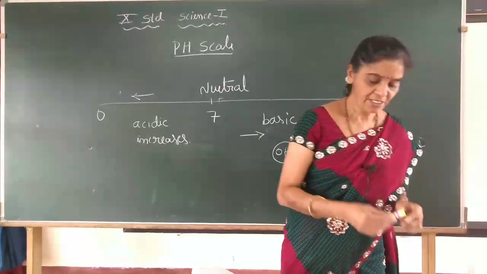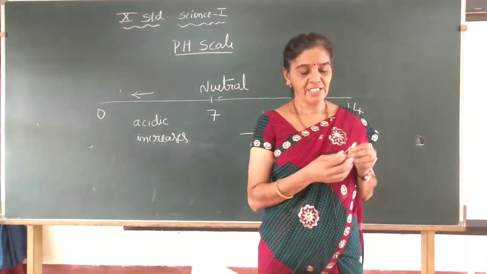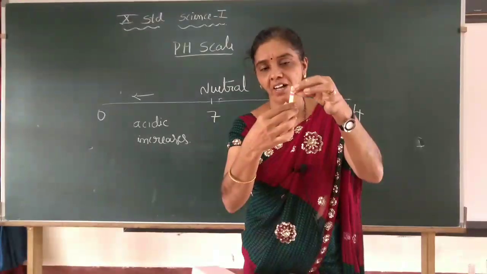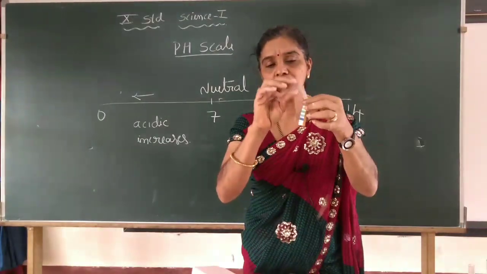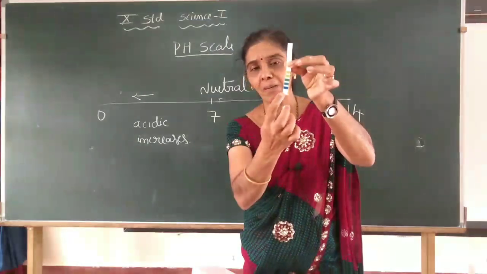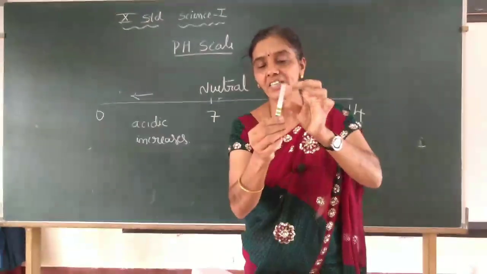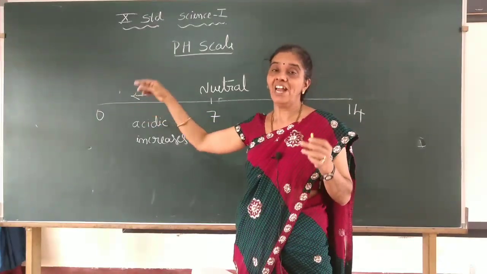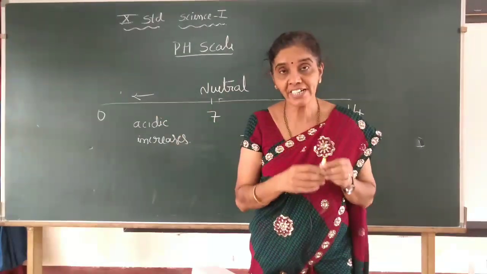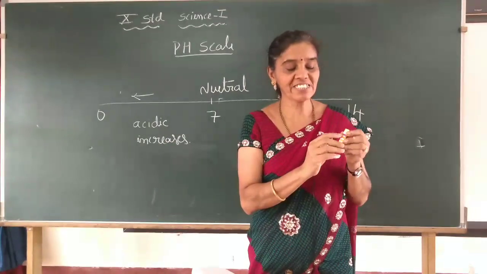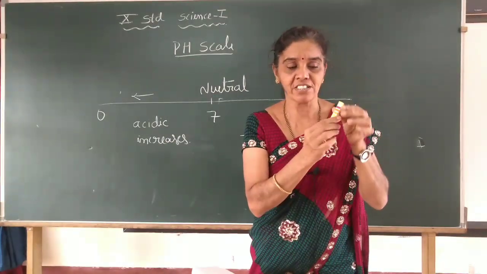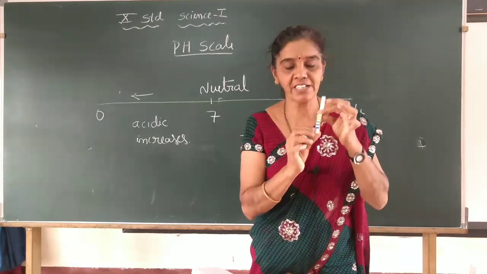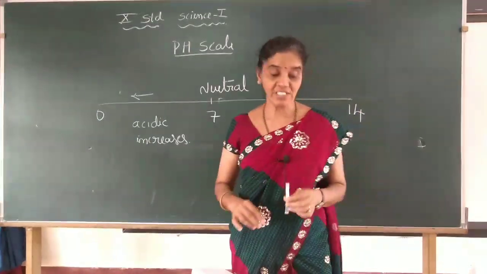Now here is the universal indicator, can you see different colors are given, and on this page you can also see the different colors and some numbers written on it. Each number indicates the pH of its particular solution. If you dip this indicator and get red color, it is a strong acid, or if you get blue color after dipping this universal indicator, it is basic in nature.